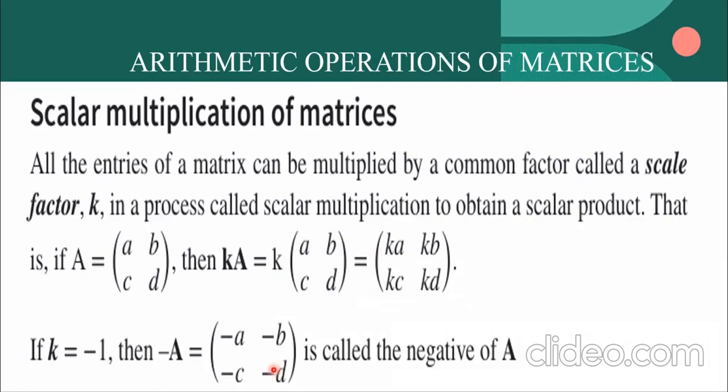So if we have K which is minus 1 and we multiply it by matrix A, then there's the result: minus A, minus B, minus C, minus D.